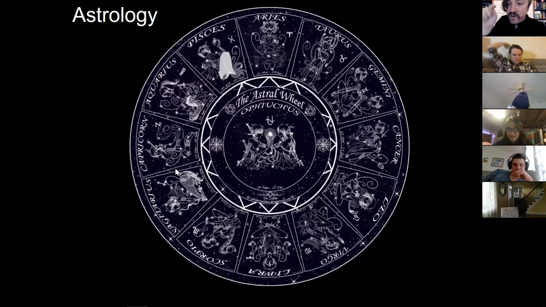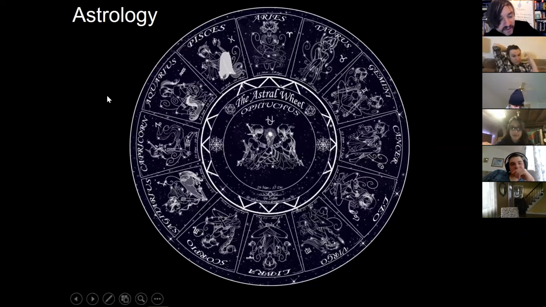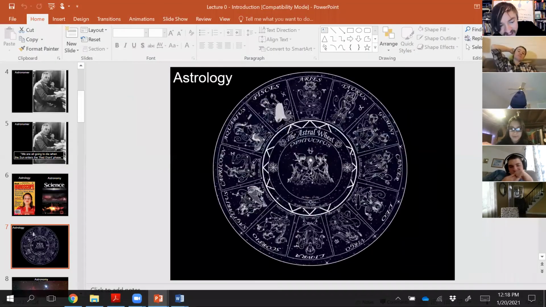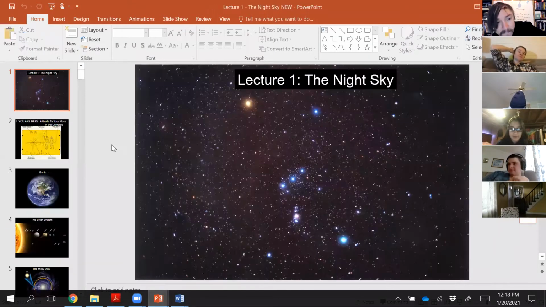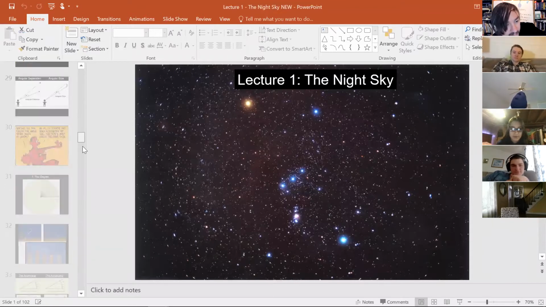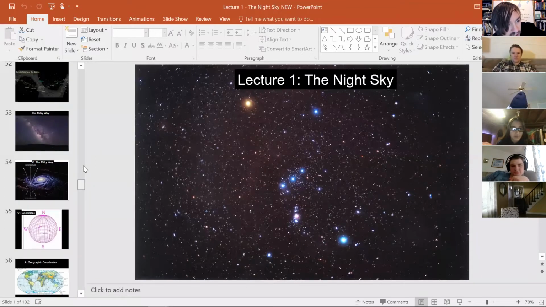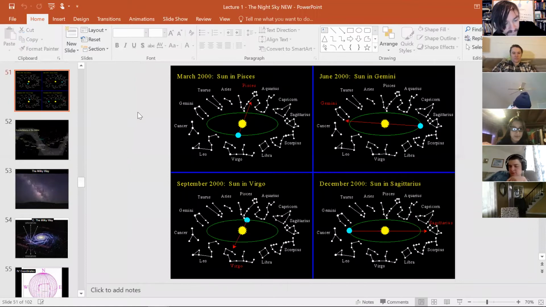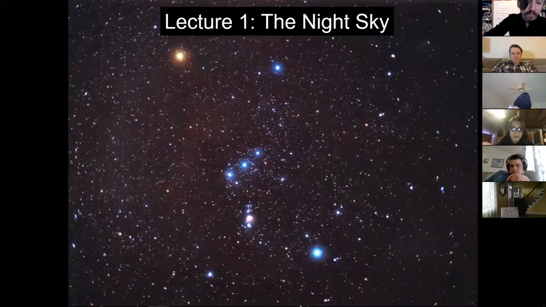It's because those constellations are the ones that the sun travels through. That's what makes them special, both to astronomers and to astrologers. If that's confusing to you, maybe one of my diagrams would help here. Let me just scroll along to slide number 51.